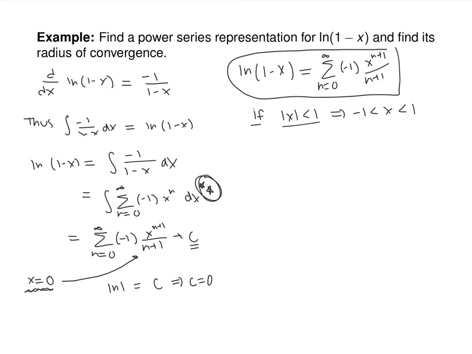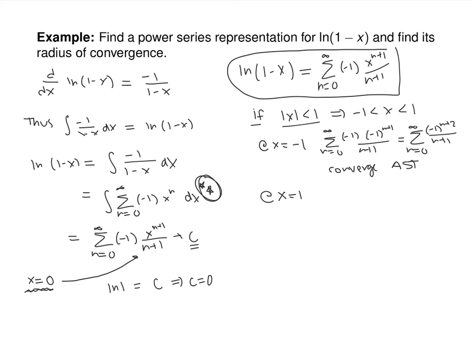So at x = -1, we have the sum from n = 0 to infinity of -1 times (-1)^(n+1) over n + 1. Well, that becomes the same thing as (-1)^(n+2) over n + 1, and that will still alternate. So this would converge by the AST.